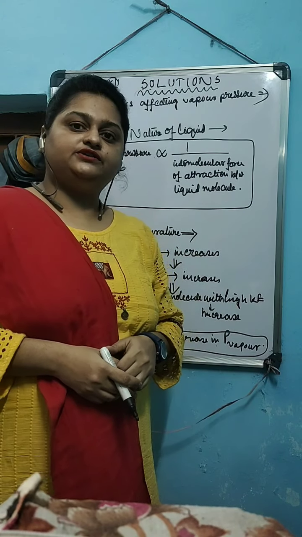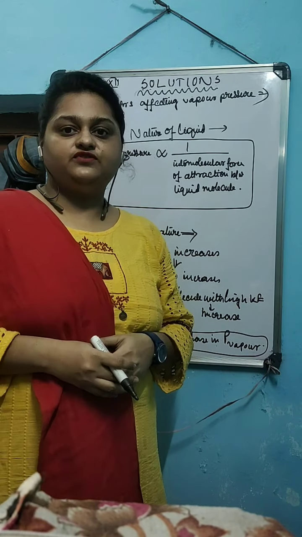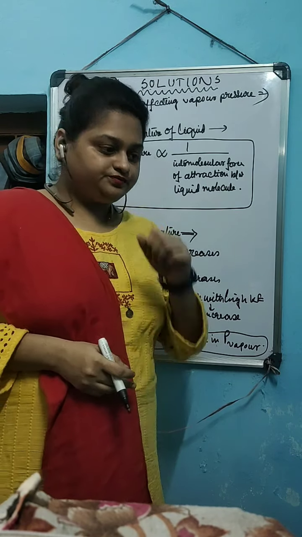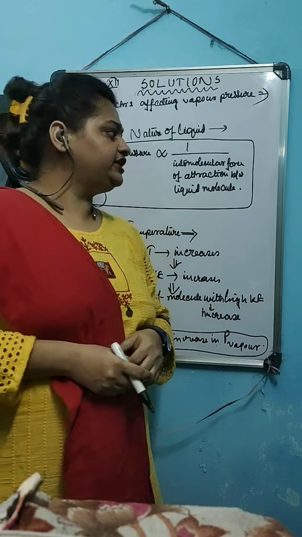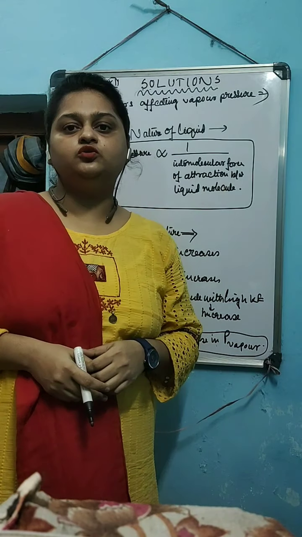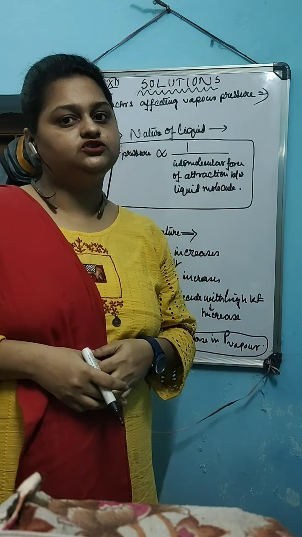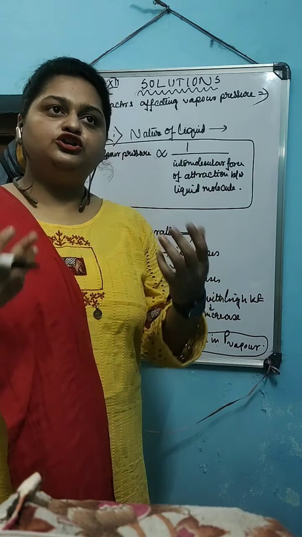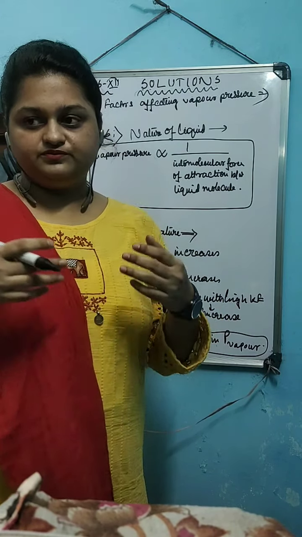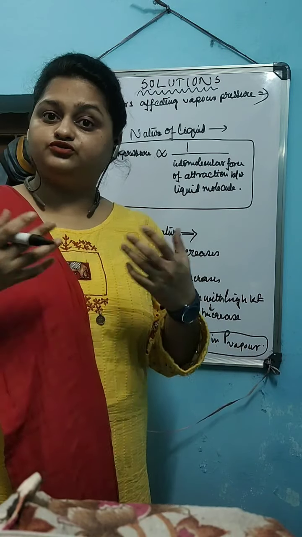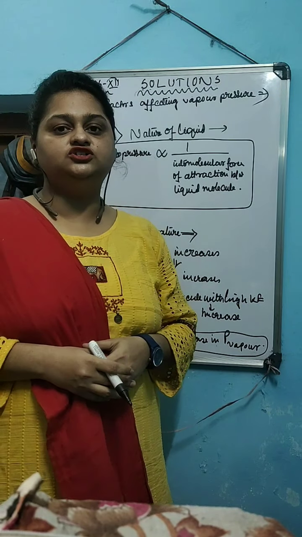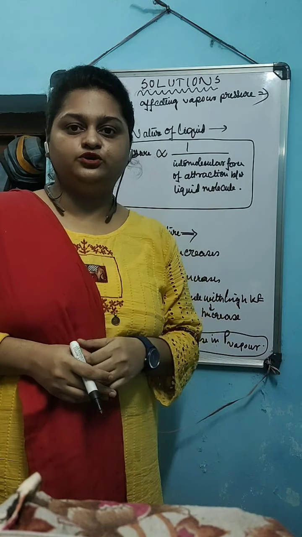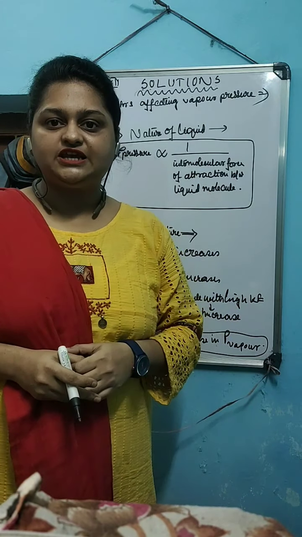There are only two factors that affect the vapor pressure of a liquid. The first one is the nature of the liquid. Vapor pressure of any liquid is inversely proportional to the intermolecular force of attraction between the molecules of the liquid. That means if molecules of a liquid have stronger intermolecular force of attraction, they are less likely to leave to pass on to the vapor state.